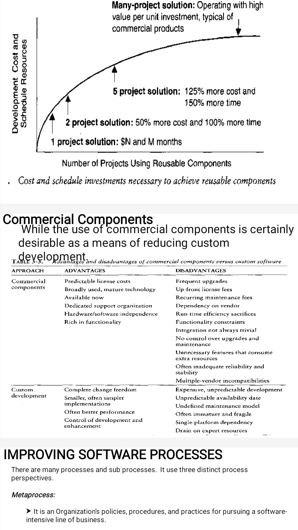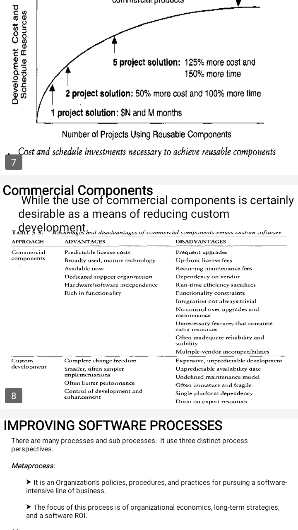Fourth one is commercial components. By using commercial components and custom components, we can improve the size and the economics of the product. In this table we define some advantages and disadvantages of both.